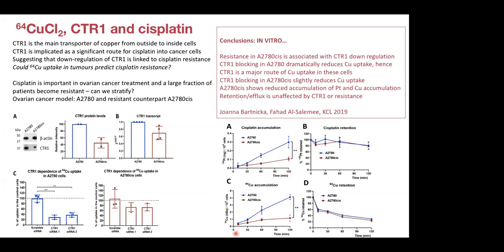At the same time, we investigated copper-64 uptake, and that same pattern is seen. The uptake of copper-64 is severely diminished by about 80% in the resistant cell line. And again, that is not related to excretion, because the efflux of copper from the cells is the same in both cell lines. So all is very hunky-dory in vitro. There is a clear parallel between copper uptake and cisplatin uptake.